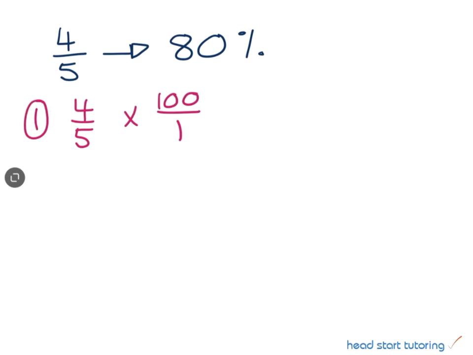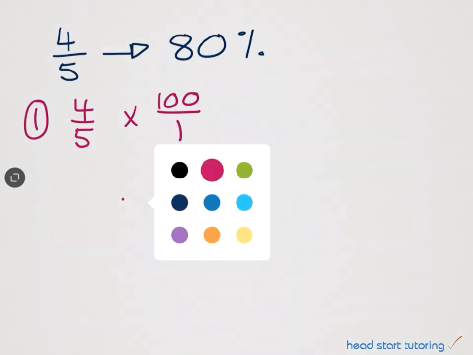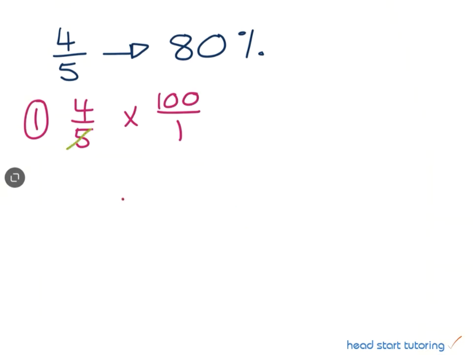And what we can then do is cross cancel, so 5 goes into itself once and 5 fits into 100 20 times. So 4 times 20 is equal to 80 and 1 times 1 is equal to 1, so we end up with 80%.